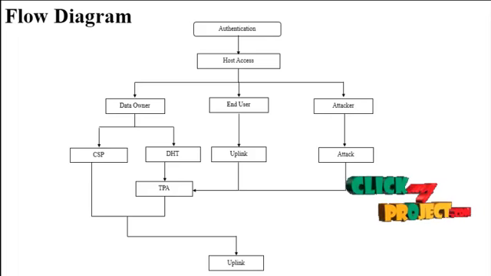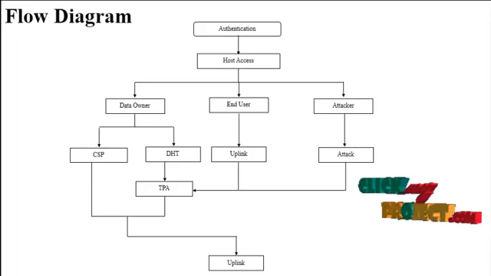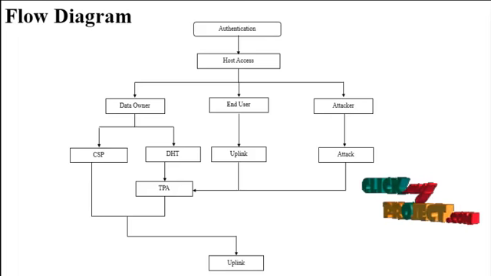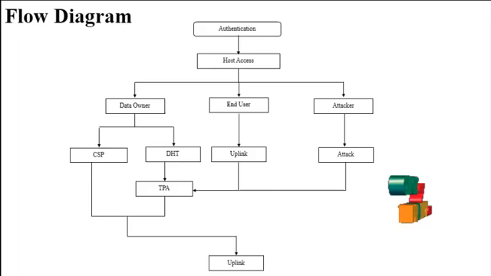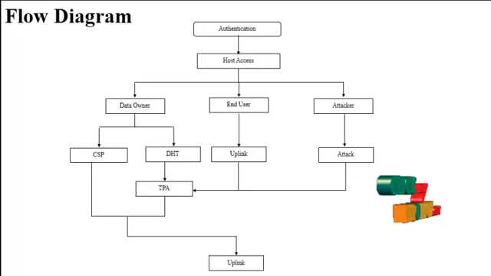There are three host services: data owner, end user, and attacker, meaning a user other than the data owner and the end user. In the data owner, the cloud service provider provides storage services with security, and DHT means data hash table. Here, for each file, the hash table will be generated.